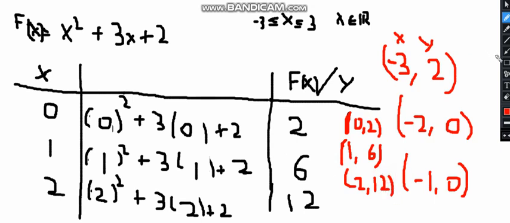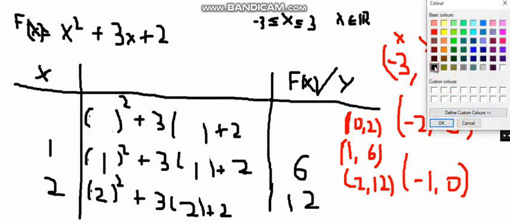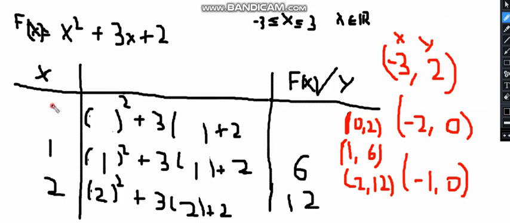Okay, and we'll just finish up now with, we'll try and find what, if we input in 3, just the last number to fit in. So I'll just do it here. So, just going to finish off the last point. So now if we input in 3, this is probably going to be a big number, but what harm? 3 squared is 9, plus 3 times 3 is also 9, so 9 plus 9 is 18, plus 2 is 20.